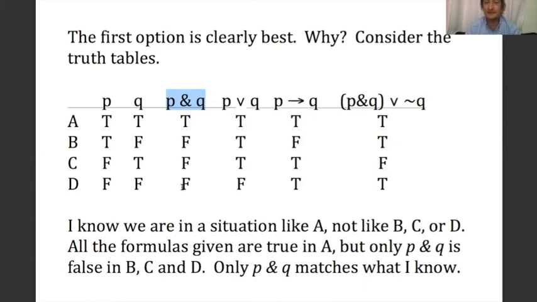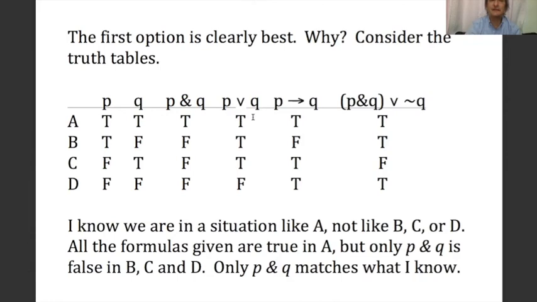None of the other expressions do that. P or Q, we said, is true in the situation where P and Q are both true. So we're accepting that it's raining or the streets are wet is true when it's raining and the streets are wet, okay? But it's also true in these other two circumstances, where it's raining but the streets are somehow dry, or where it's not raining but the streets are wet.